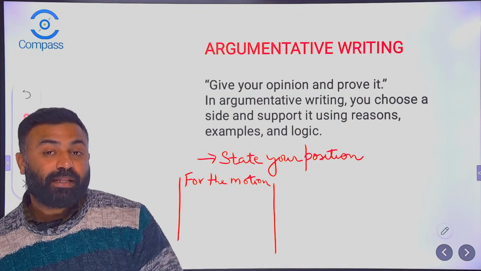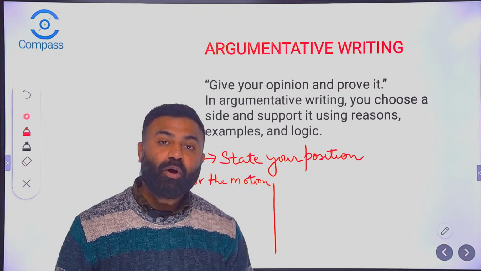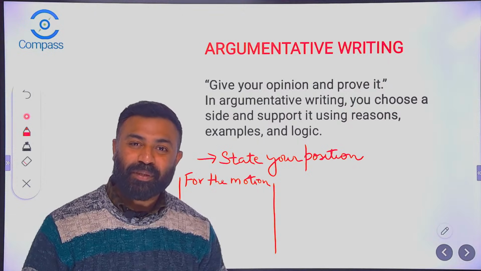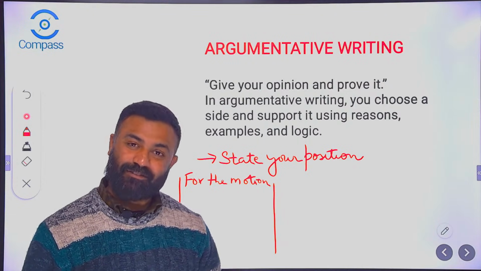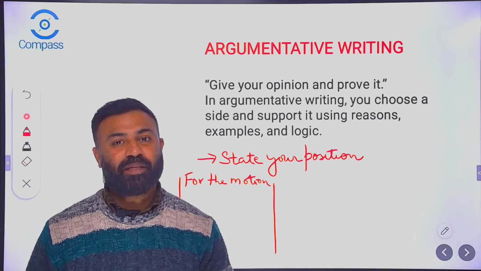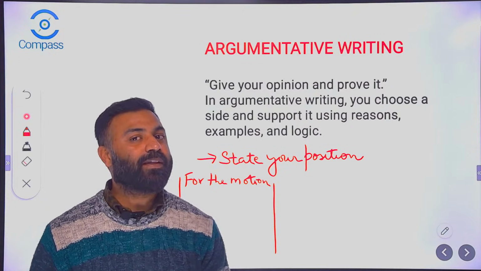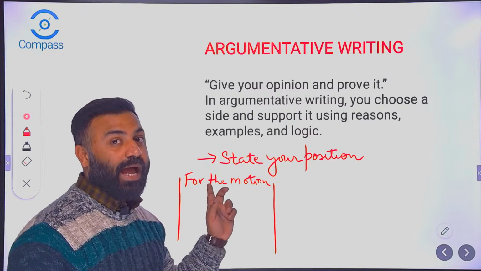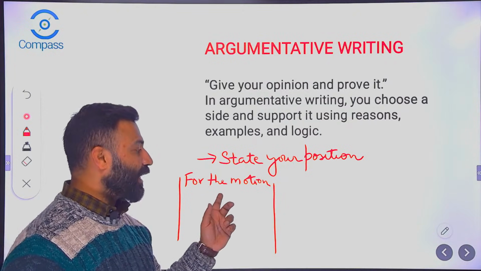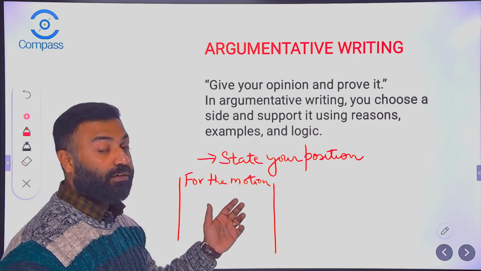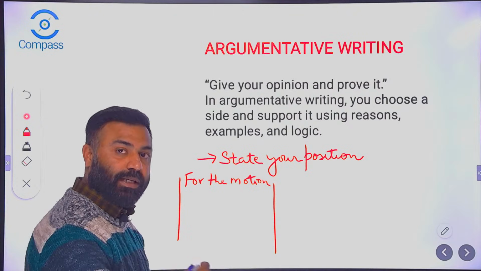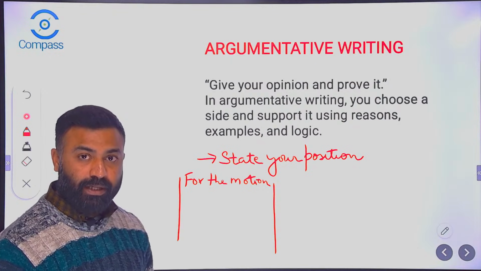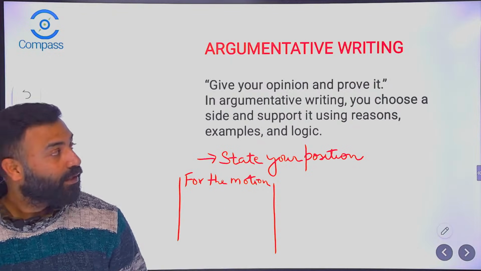Then it becomes chaotic, right? You are confusing the examiner. Are you speaking for the motion or are you speaking against the motion? So it has to be very clear. So state your position, and then it will be acting as a reminder to you that you have to write down for the motion. So you will keep on writing for the motion.